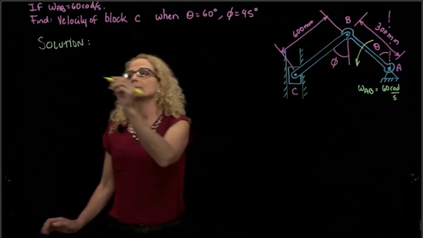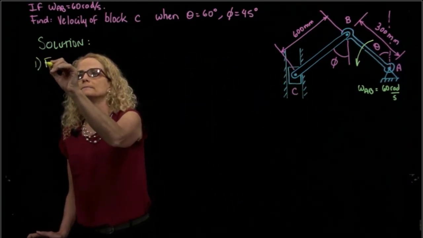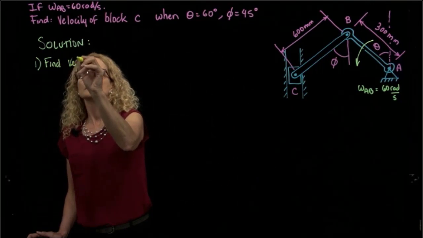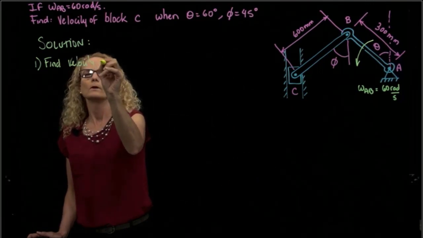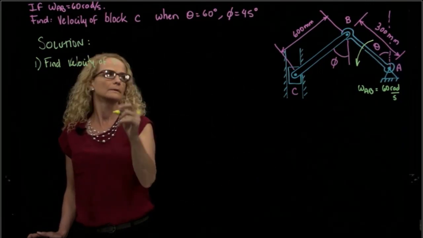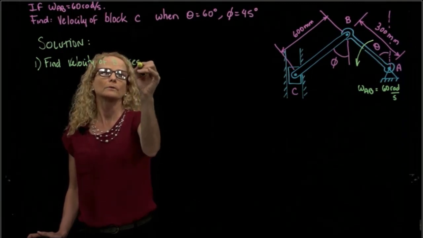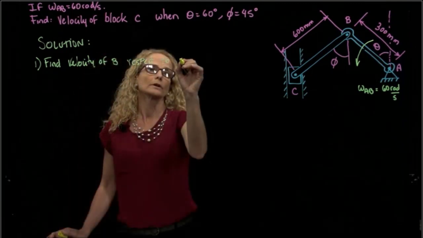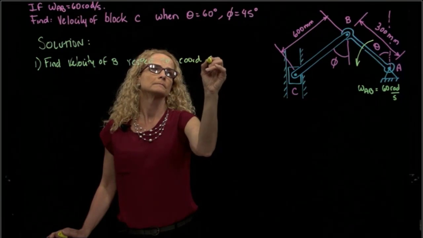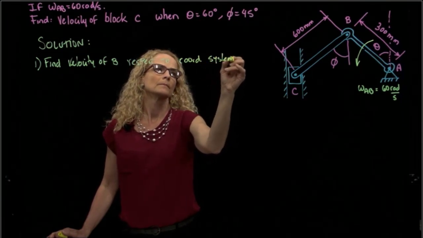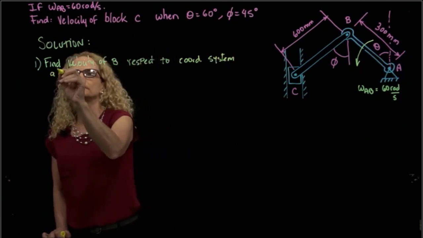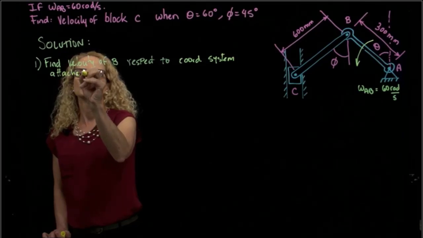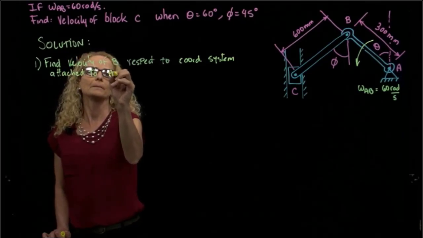So the first thing I'm going to do is find the velocity of B with respect to a coordinate system attached to AB.